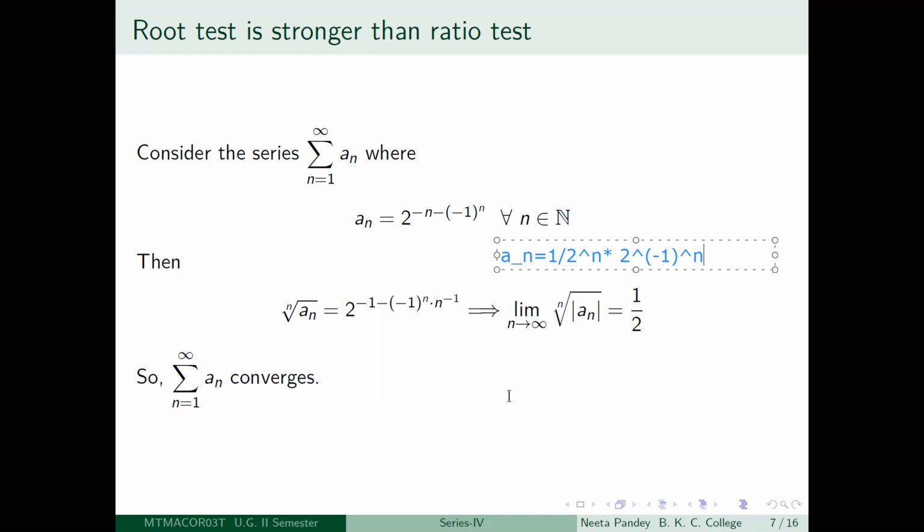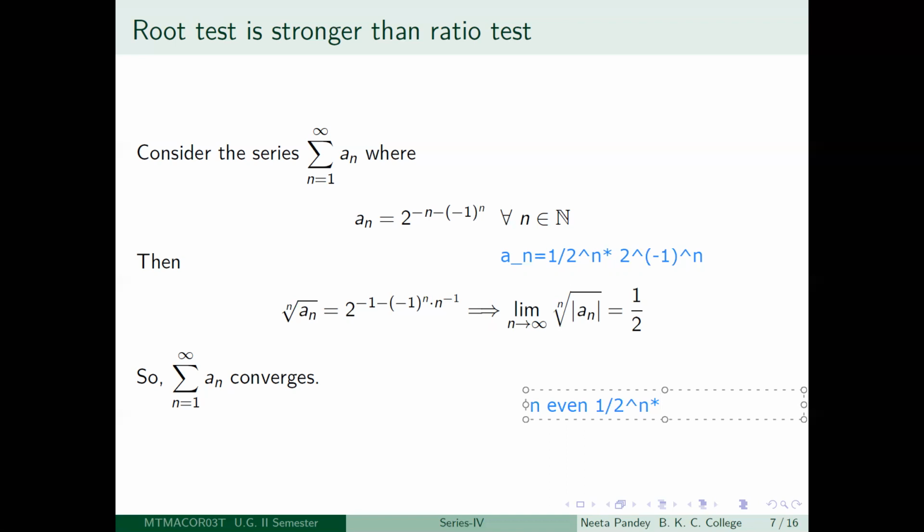Let me just write it here. Suppose n is even, then it looks like 1 by 2 to the power n, that much will not change, times 2 to the power minus 1 to the power n.